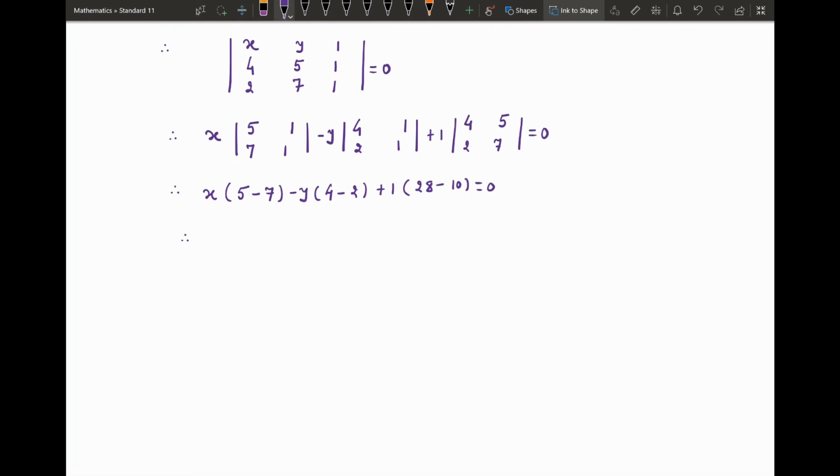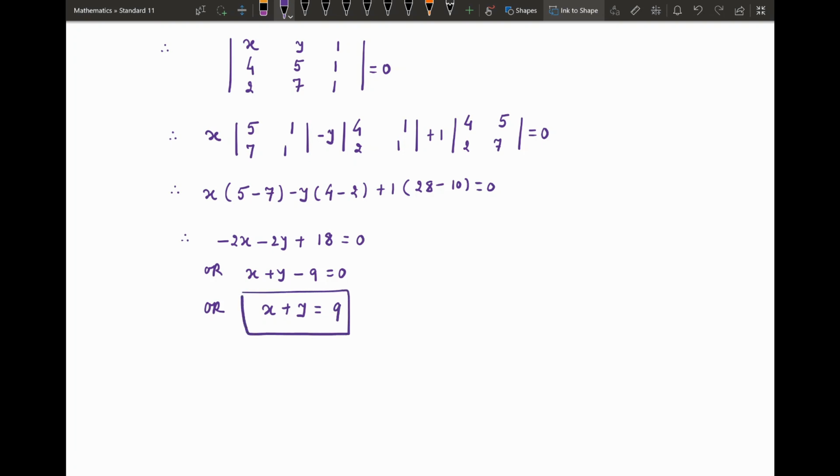So let us simplify. Minus 2x minus 2y plus 18 equal to 0, or if we divide by minus 2, then x plus y minus 9 equal to 0, or x plus y equal to 9.